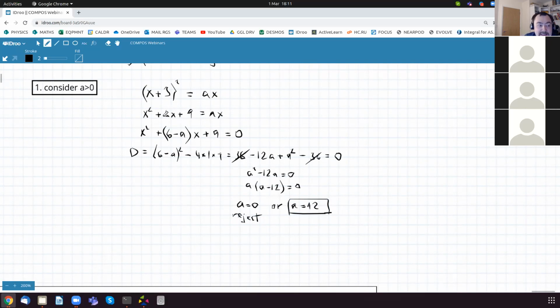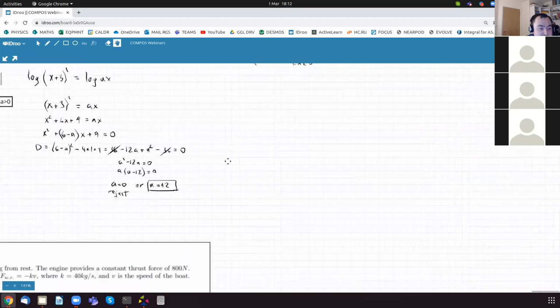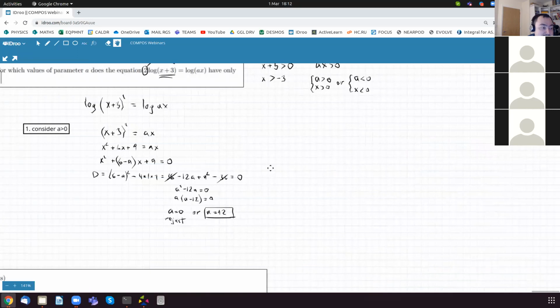However, what happens next? Well, we need to consider negative a's. So if a is positive, for a equals 12, there's one solution. So now to consider a is negative.